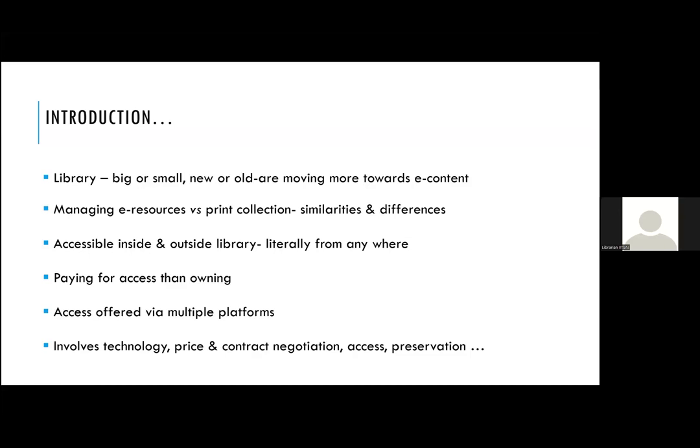And the access modes, whether it's on campus, off campus, what is accessible, what is not accessible, how many back volumes, and all of those issues are there. And also preservation is another issue, because when you go in for an archival collection, where is it stored, and do you get access to it?